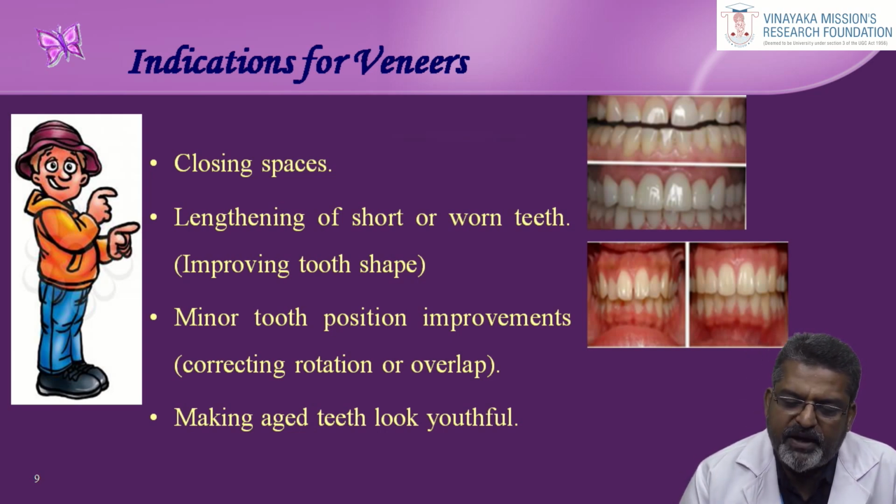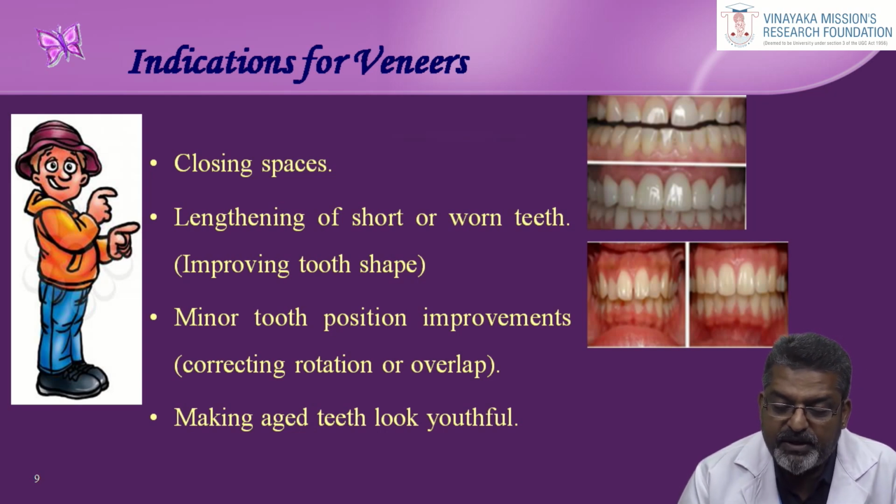So closing of spaces, that is mild midline diastemas, can be corrected. This is the pre-op, whereas this is the post-op. Can you see the amount of correction that has been done here? Okay, so the first indication for veneering is closing of spaces, and the second indication is lengthening short or worn out teeth, that is to improve the tooth shape.